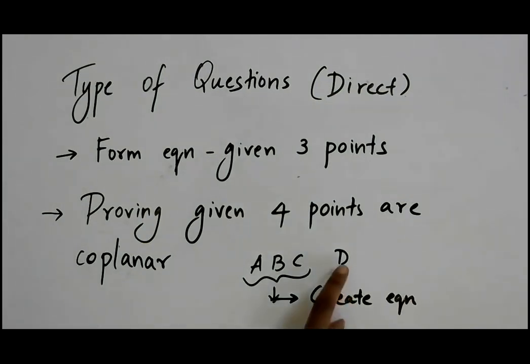We also know that point D lies in that plane. So on substituting the x, y, and z coordinates of D in the equation which we have created, if it is satisfied, then we have proved that the given 4 points are coplanar. That means the given 4 points lie in the same plane.